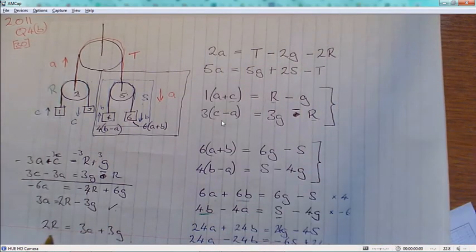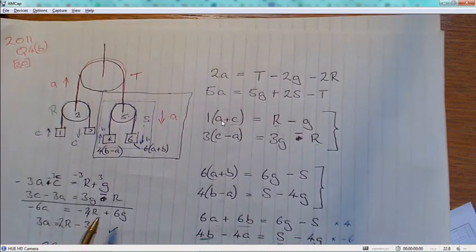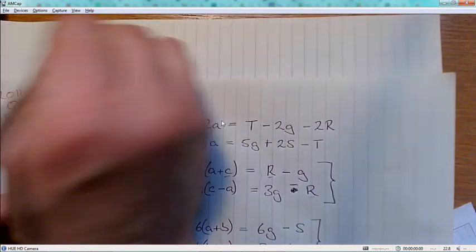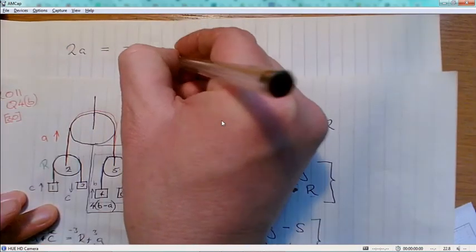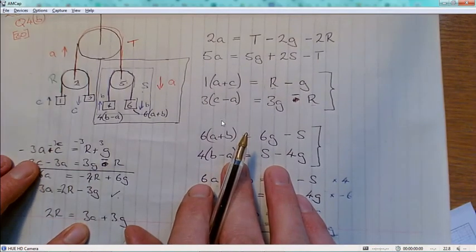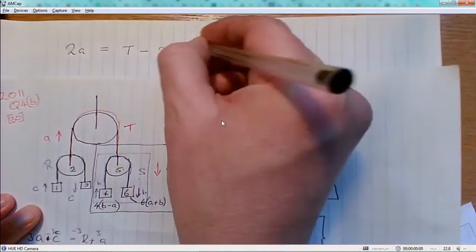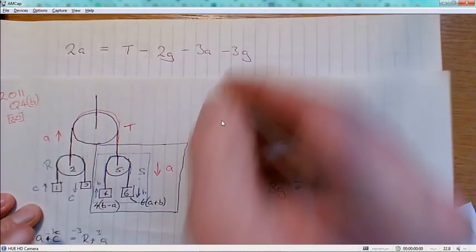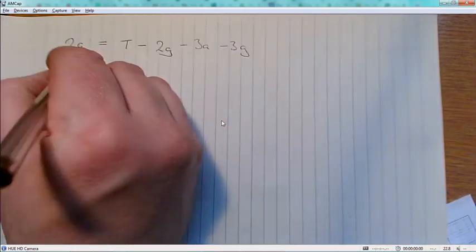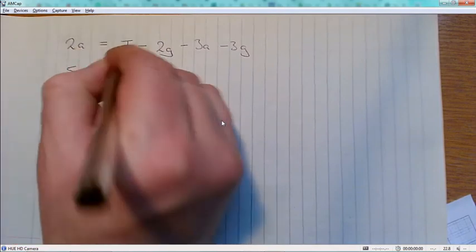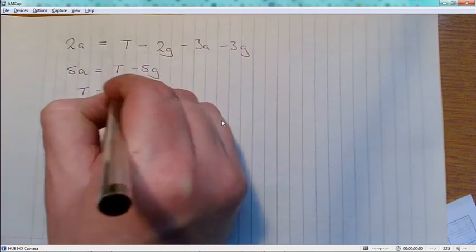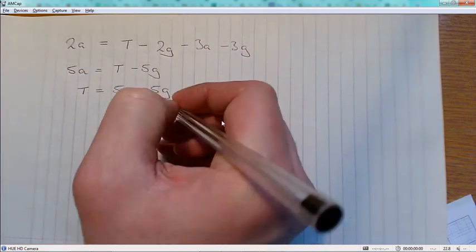Well, if I say 2R is 3A plus 3G, then 2A is equal to T minus 2G minus 3A minus 3G. So just simplify that a bit. Bring the A's across to get 5A is equal to T minus 5G, or T is equal to 5A plus 5G, I think.